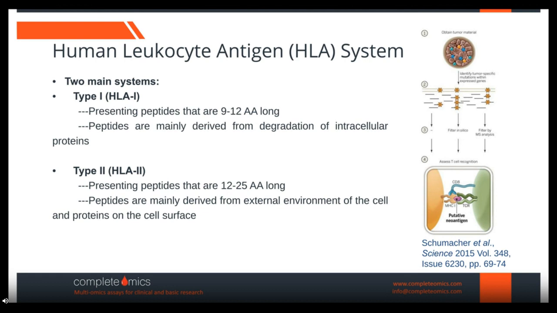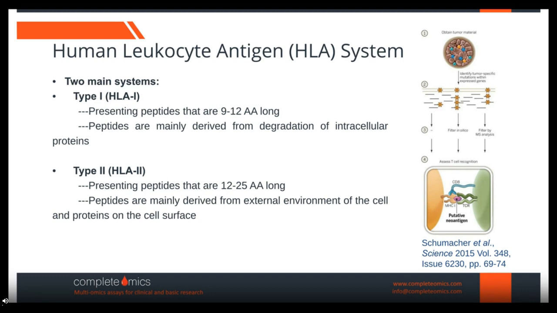And the HLA gene complex resides on a 3 megabase stretch within chromosome 6. And HLA genes are highly polymorphic, which means that they have many alleles, allowing them to fine-tune the adaptive immune system. So there are mainly two main systems for HLA molecules.